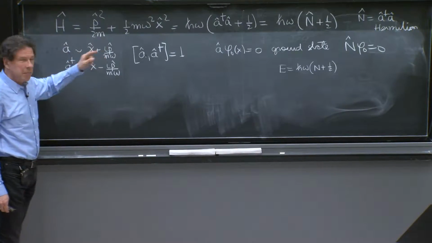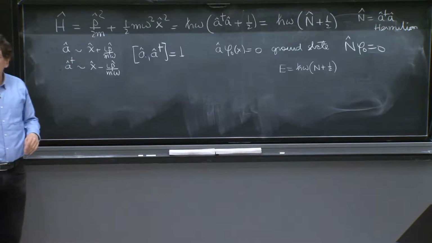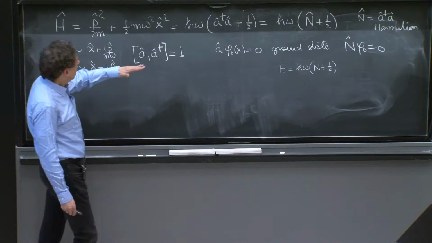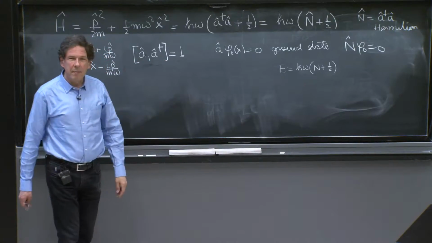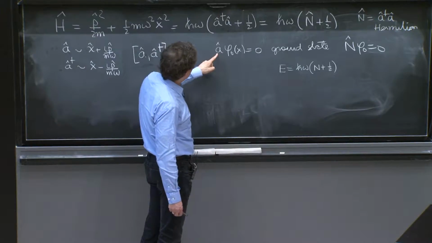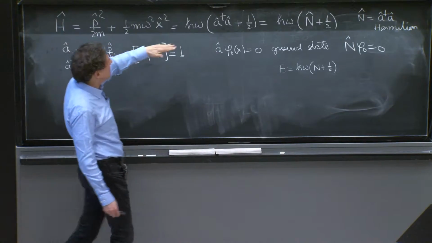Recall that X and P are Hermitian. And there are overall constants here that we wrote last time, but now they're not that urgent. And A with A dagger, the commutator is equal to 1. That was very useful.